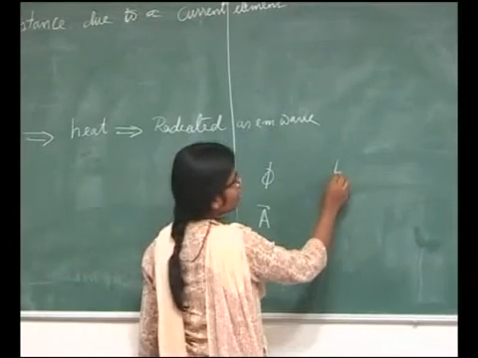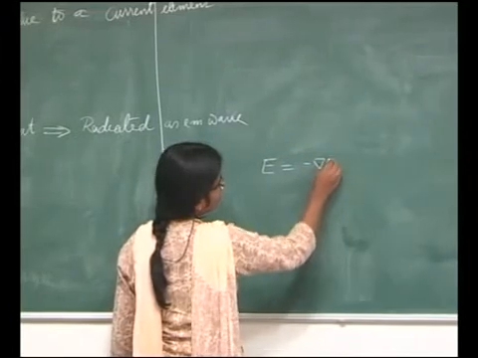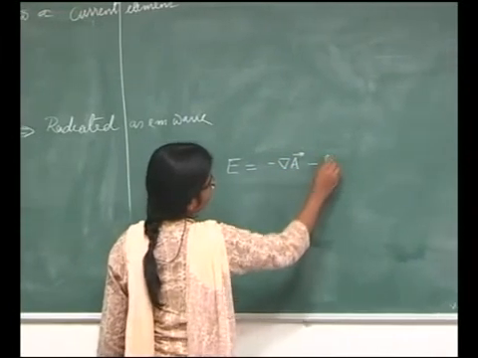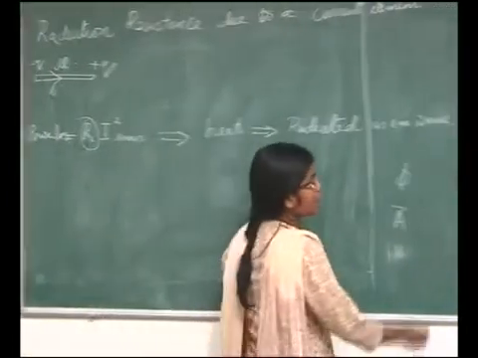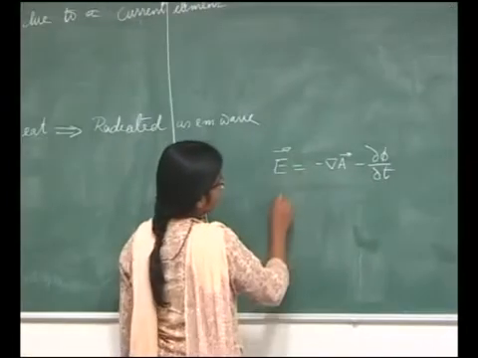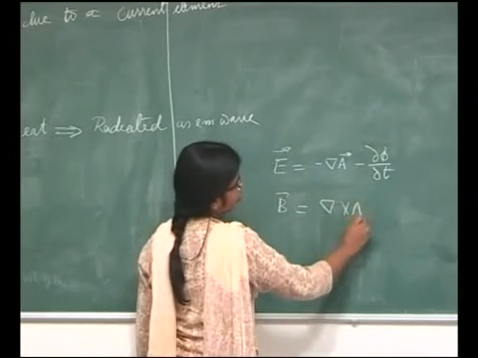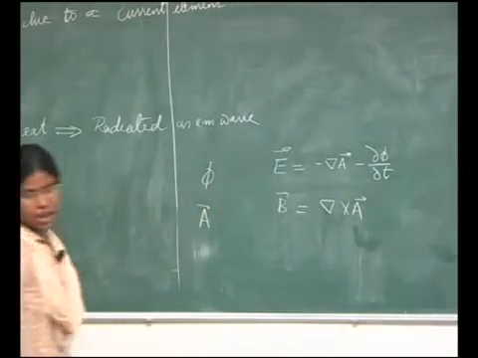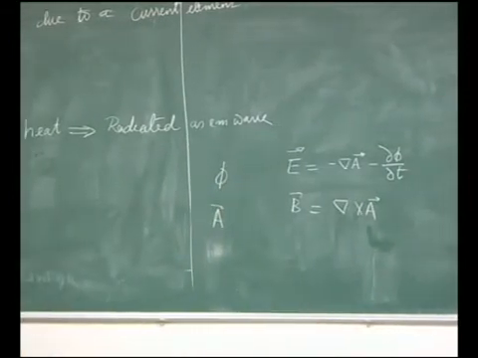Now, from here I can write that electric field E is equal to minus gradient of phi minus del A by del t. And I can write that magnetic field B is equal to curl of A, and we had already calculated the values of A and phi in polar coordinates in terms of r, theta and phi.